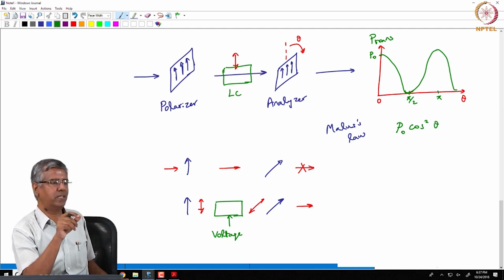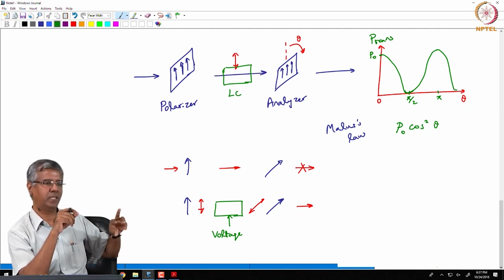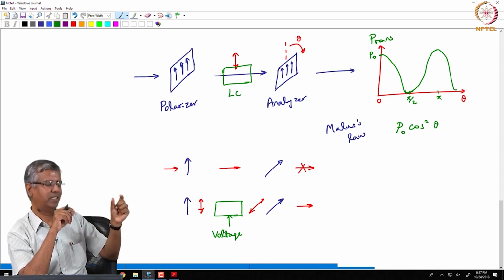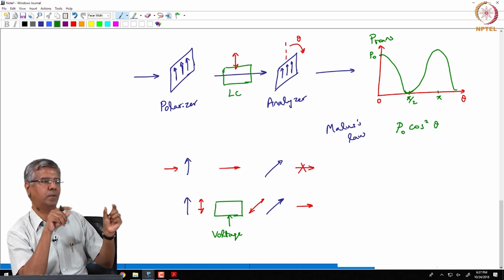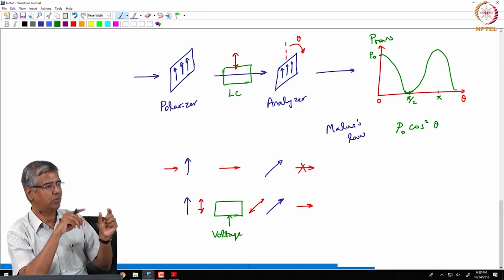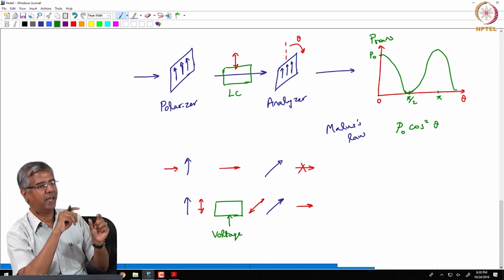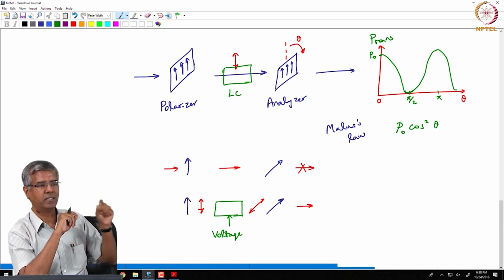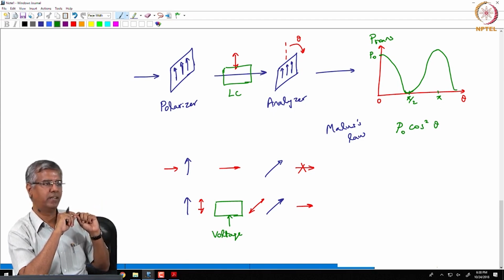So, you basically have RGB pixels. Each pixel that you are defining has got RGB sub-pixels, and each of those sub-pixels has a liquid crystal element which is individually controlled by the voltage that is applied.